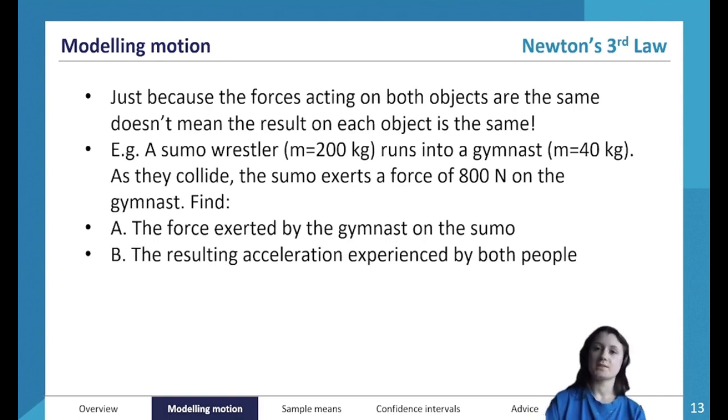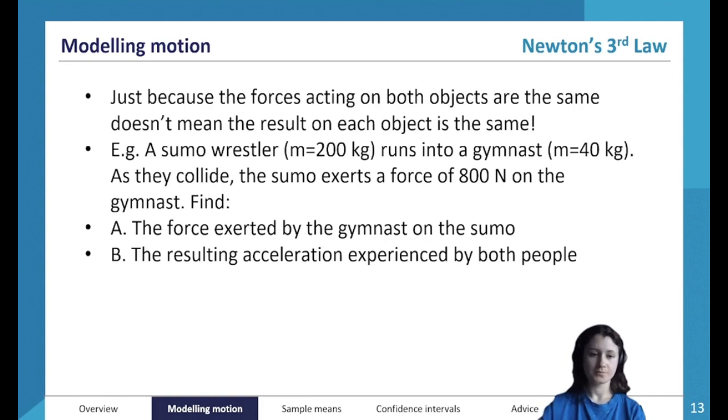Just visualizing that in your head, you can predict that the gymnast is going to bounce off, but the wrestler isn't going to move that much, right? That intuition matches up with what we'll see doing some calculations.